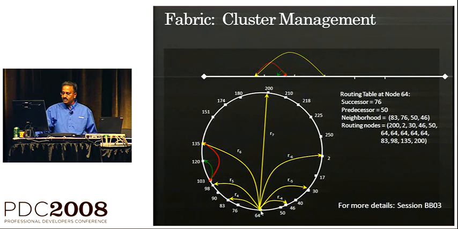You cannot maintain connections to every possible node in the cluster, in which case it becomes very difficult. Your connection overhead is so much that it's not scalable, especially in a large scale cluster. So in this case, 64 says the nearest is 135, so I'll send it to 135.